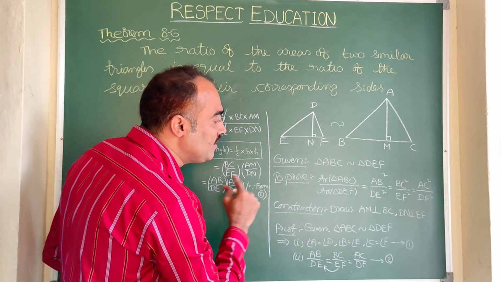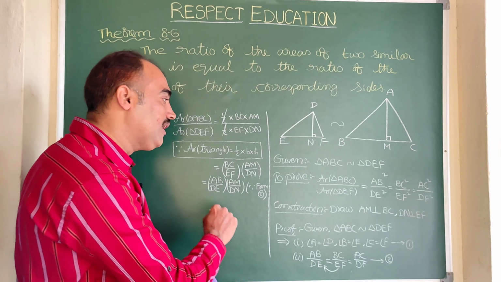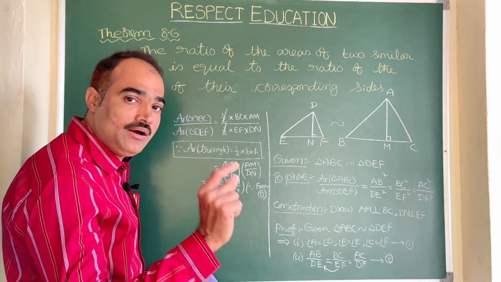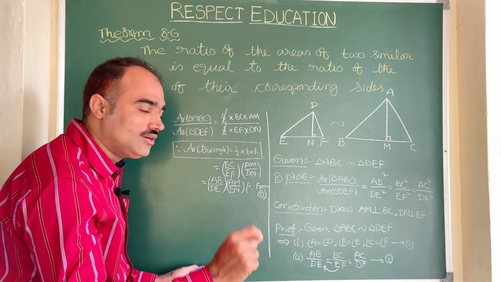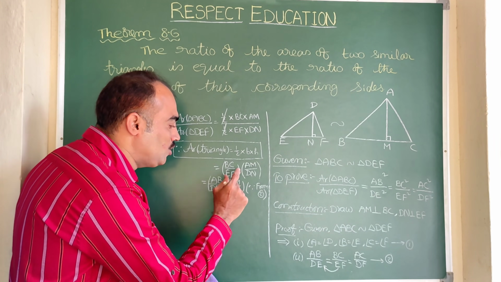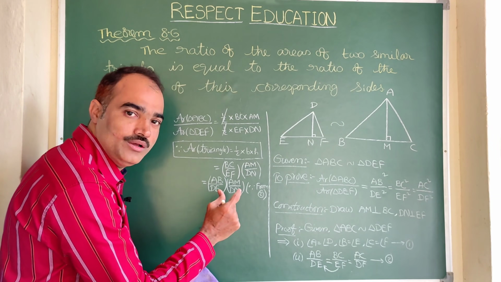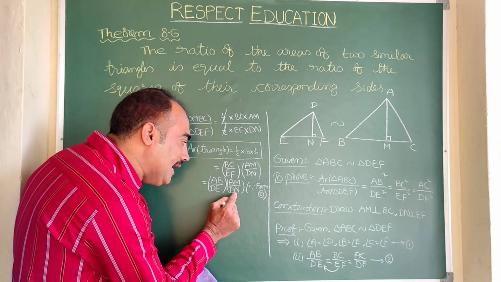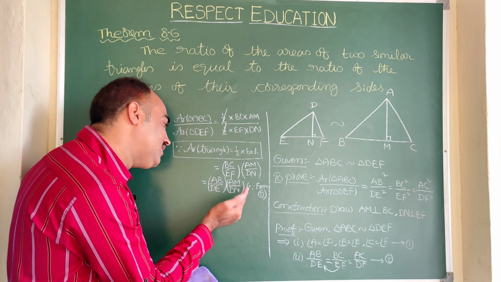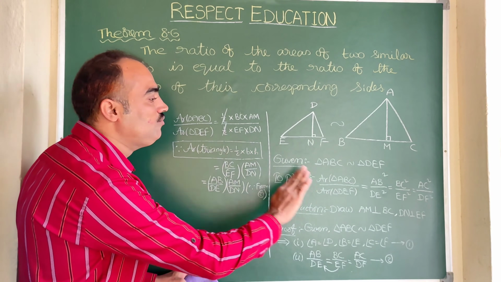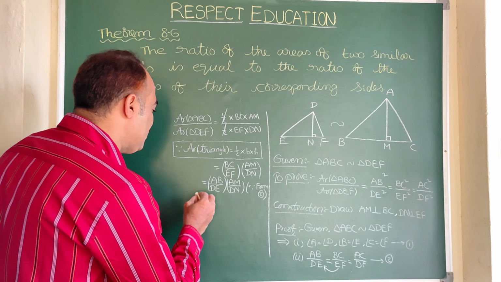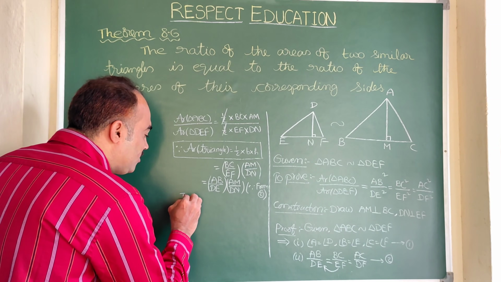Then we are going to close this proof, and we will reach what we have to prove. Our limited target is that AM by DN should be equal to AB by DE. Is it clear? This is our short-term goal. If you are able to prove AM by DN equals AB by DE, then this proof will be completed.